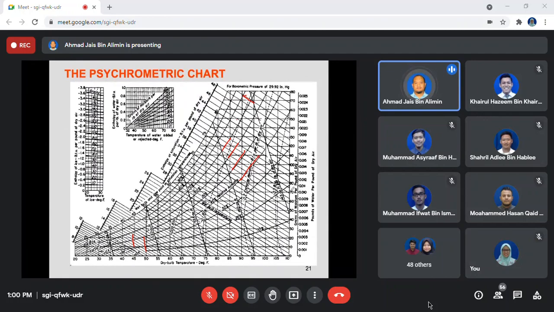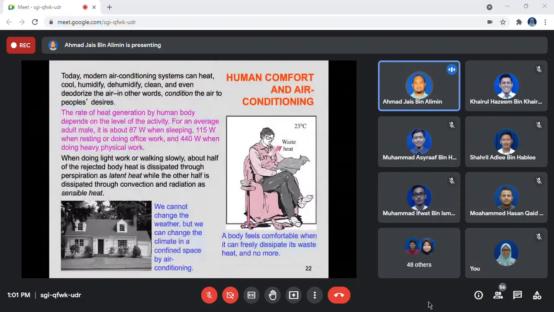Okay. And then here is your specific humidity line. For this example, the working temperature unit is imperial, which is Fahrenheit. There are also different types of psychrometric charts which use the same metric units.